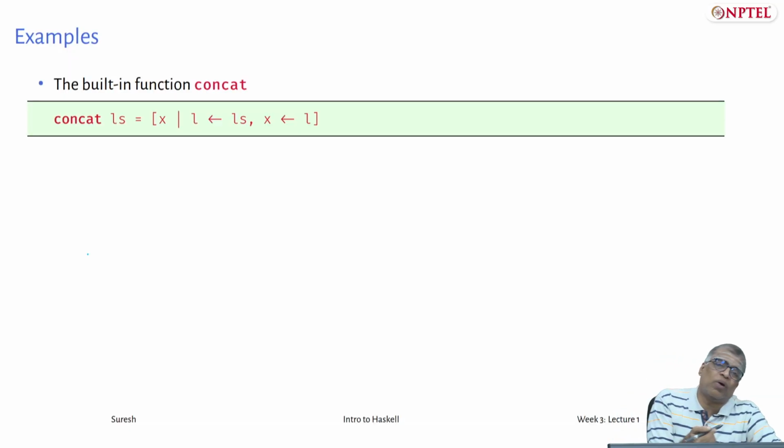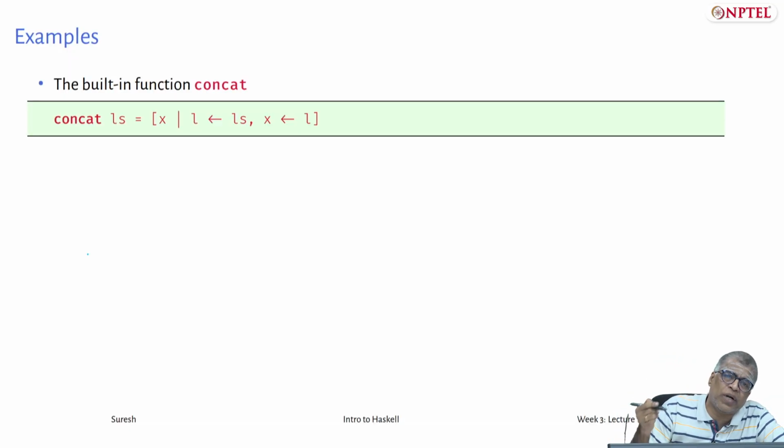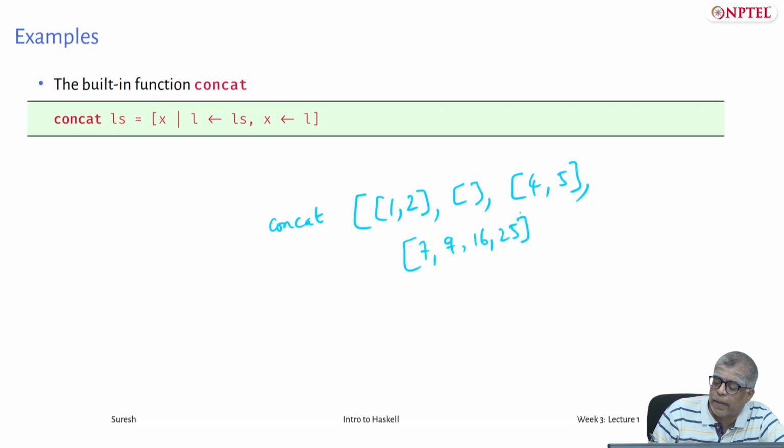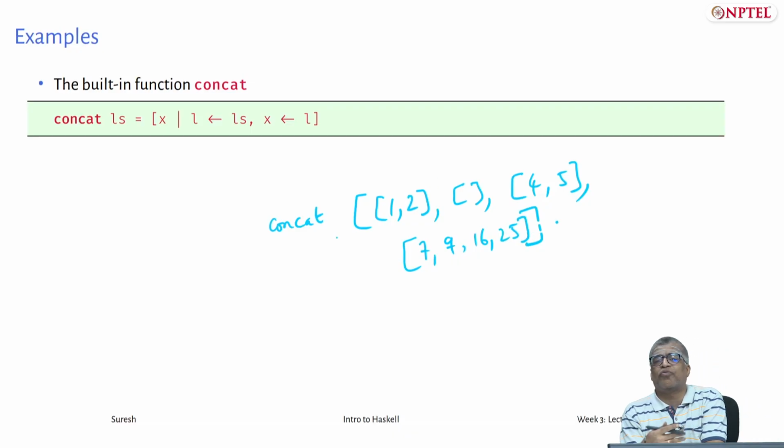Yeah, and now many more useful functions can be built using list comprehension. There is a nice function called concat. If you give it a list of lists like [1, 2], empty list, [4, 5], [7, 9, 16, 25], let's say, so this is a list that consists of 4 lists.